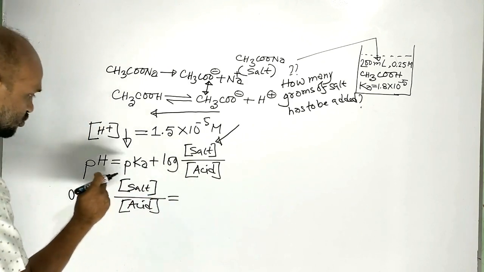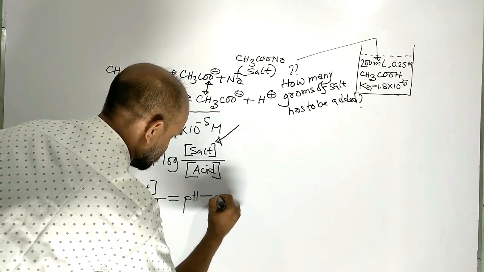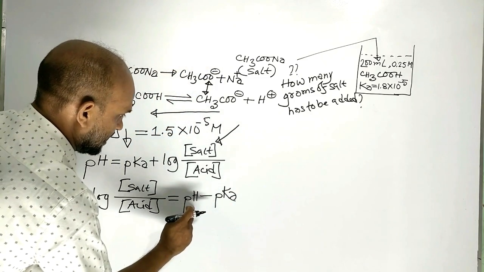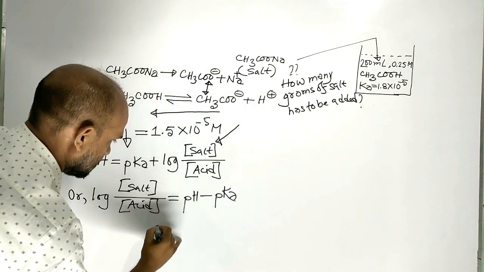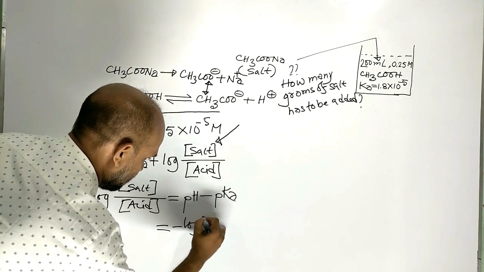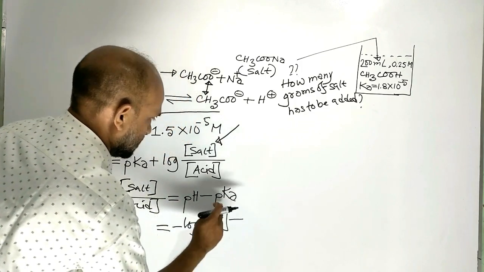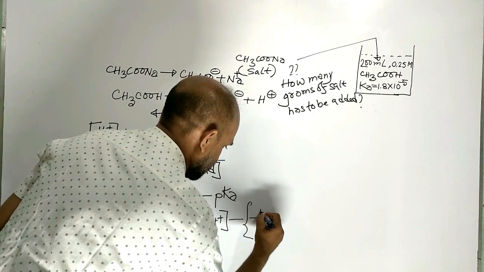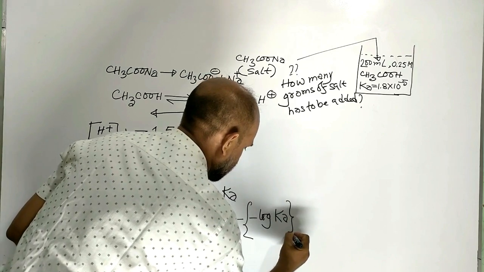On the right side, we get pH minus pKa. Here pH is minus log of concentration of hydrogen ion, and pKa is minus log of Ka.